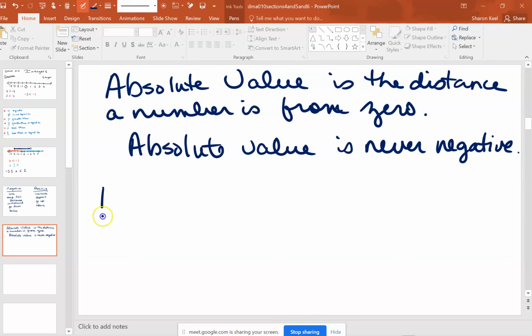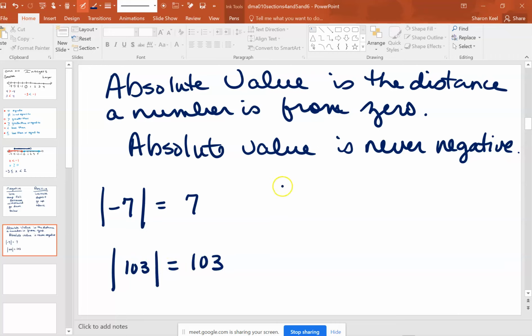So if I were to ask you, what's the absolute value of -7? These two lines represent absolute value. That means how far is this number from zero? It is 7 places. If I asked you about the absolute value of 103, 103 would be 103 places away from zero.